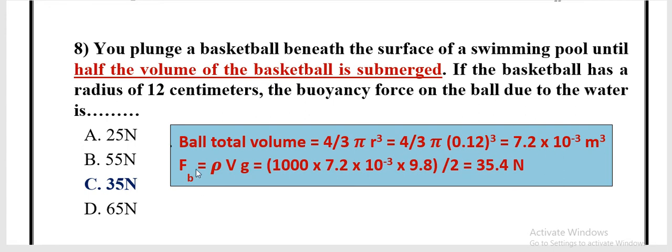Then substituting in the buoyant force by half the volume of the basketball, we obtain the value of the buoyant force from this relation. Rho is the density of water, which is 1000, and g is 9.8.